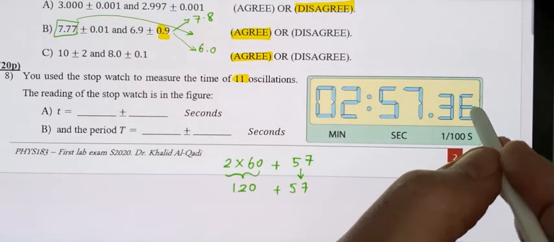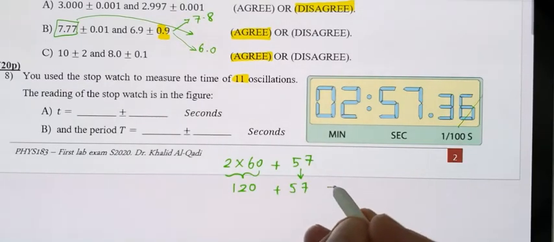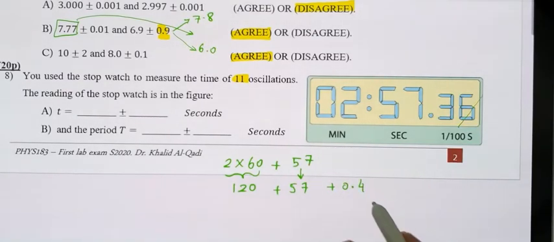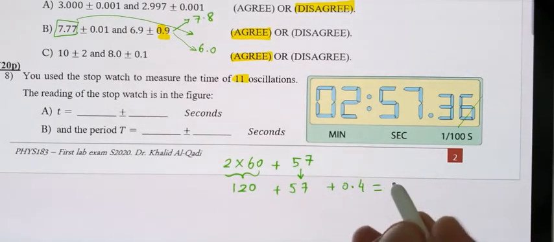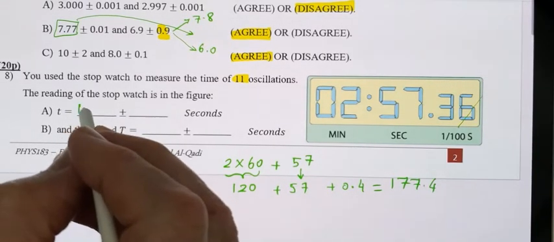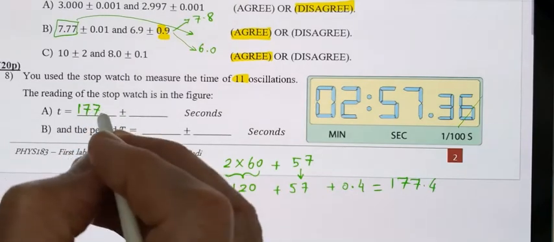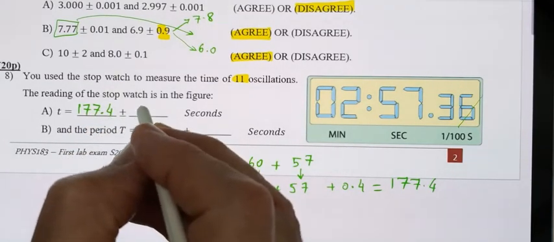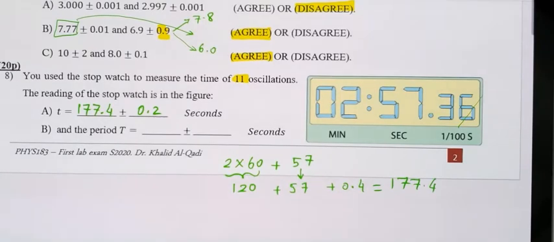So this last number has to go. So plus 0.4. So the total number is 120 plus 57 plus 0.4. So the total number is 177.4. So I'll put it here, 177.4. And the error is 0.2 is correct, 0.1 is correct, 0.3 is correct. 0.01 is wrong.